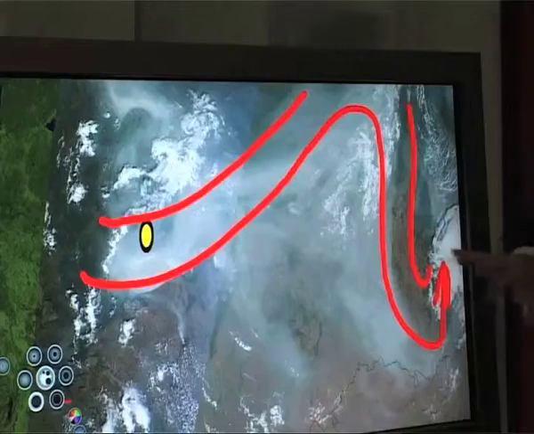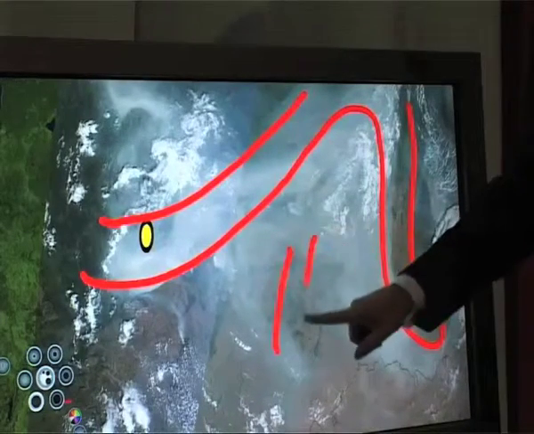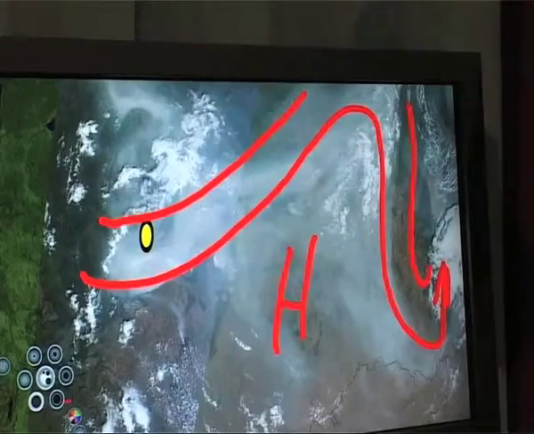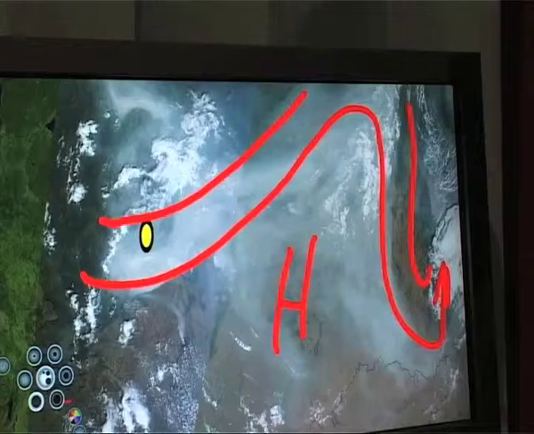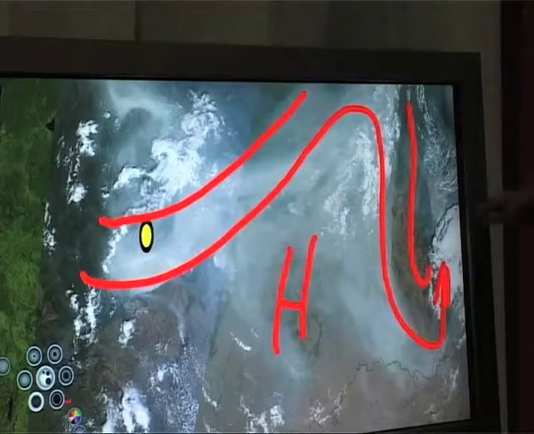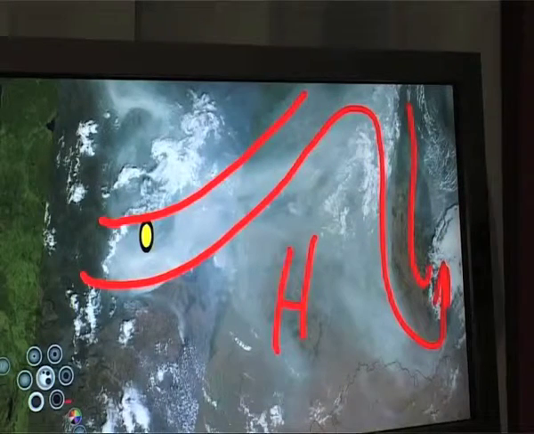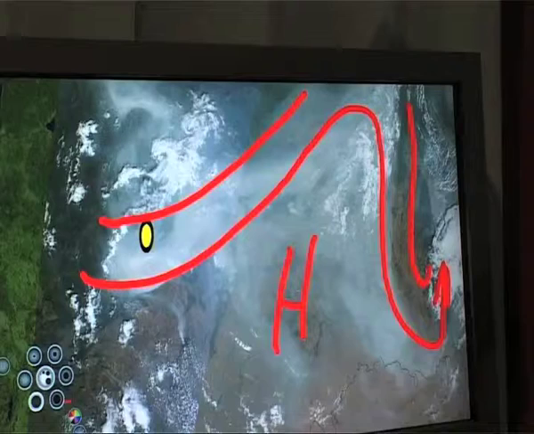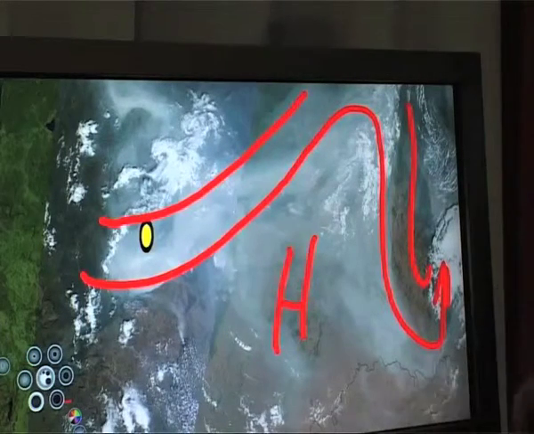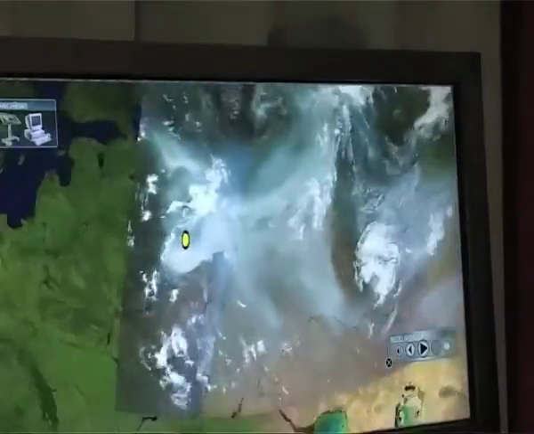And if you have a high pressure system here, the winds are calm, so it traps the smoke at low levels and keeps it around. So when you can predict these kinds of things coming together, you can let everyone know that there's a high chance of forest fires and a high chance of significant health issues should fires develop.